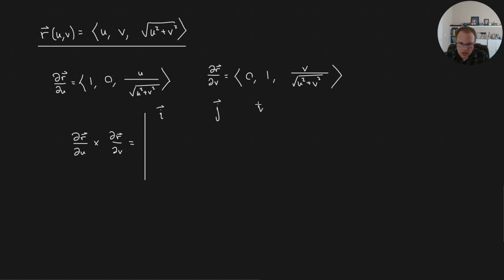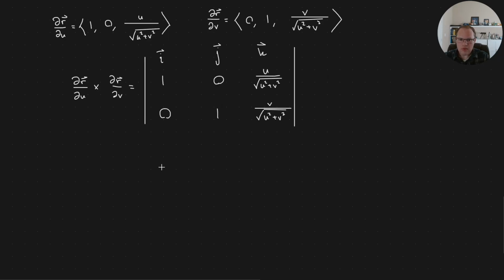I, j, k; 1, 0, u over root u squared plus v squared; 0, 1, v over root u squared plus v squared. If I take the cross product, first component, the i component, I get 0 minus 1 times u over root u squared plus v squared.